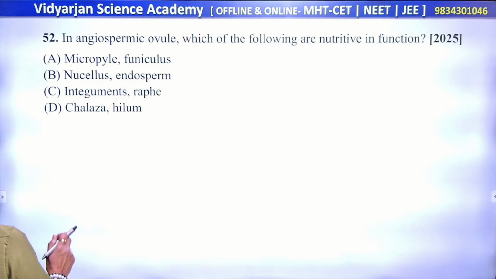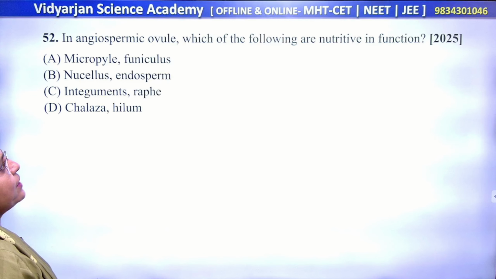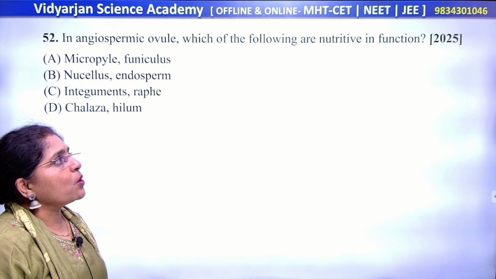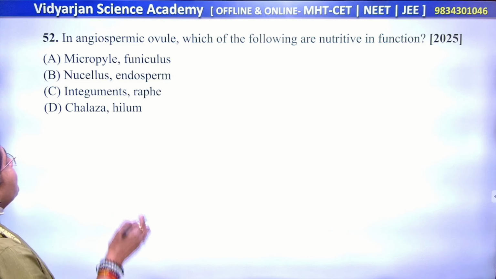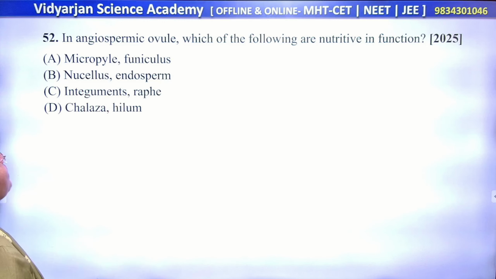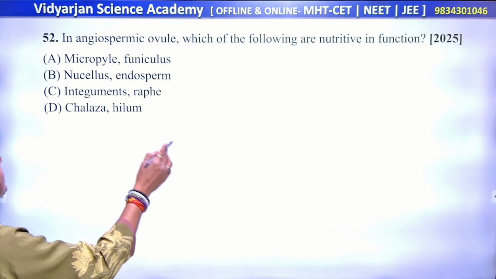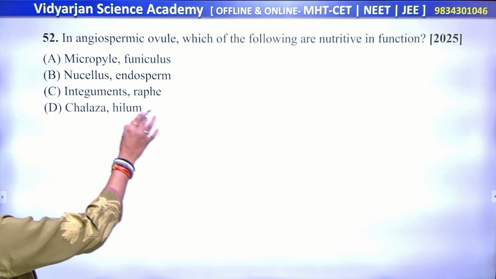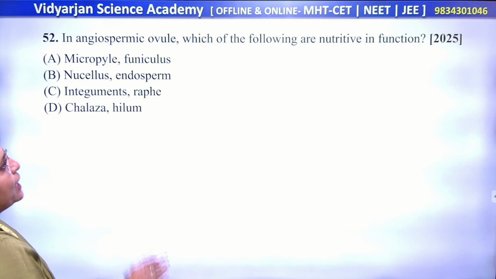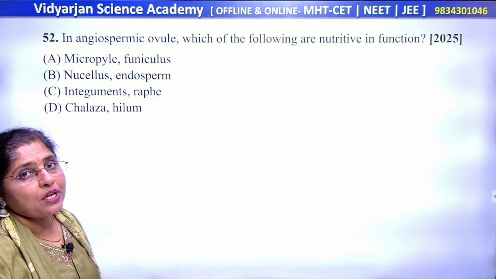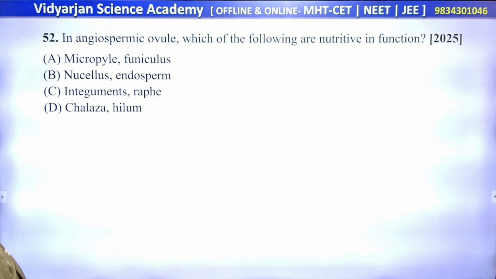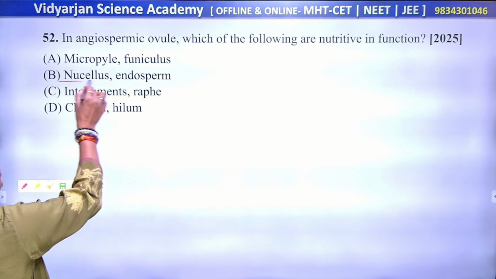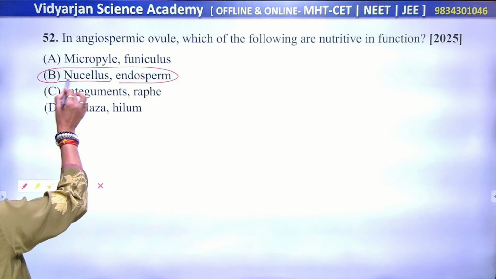Next, question number 52. In an angiospermic ovule, which of the following are nutritive in function? Number 1 is micropyle and funiculus, then nucellus and endosperm, integuments and raphe, chalaza and hilum. What should be the function here? You should remember all the functions of the parts of the ovule. Your correct answer here is nucellus and endosperm, right?